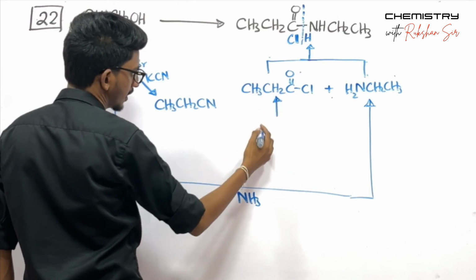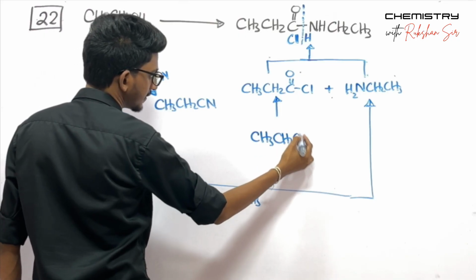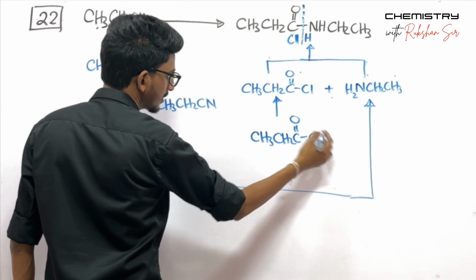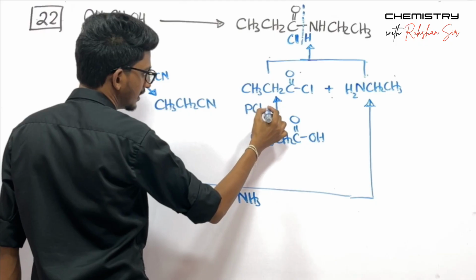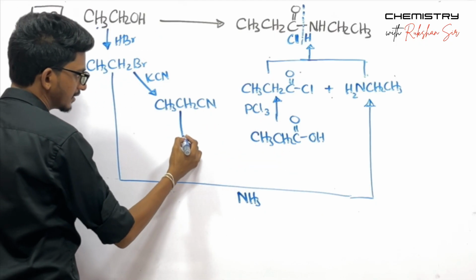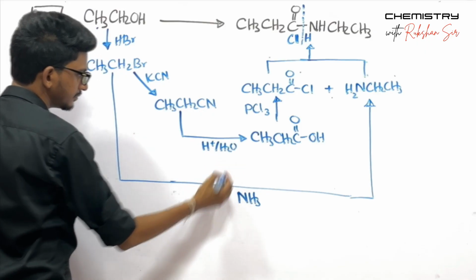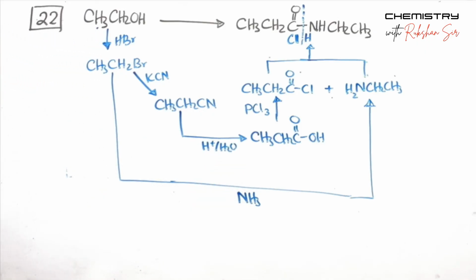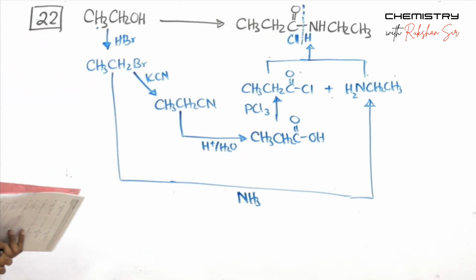So acid chlorides are made from carboxylic acids, right? So you need to prepare the carboxylic acid first before coming to the acid chloride. PCl5 or PCl3 will do so. That can be formed from your cyanide by adding H plus and H2O. Alright, very easy stuff, right? That is the conversion number 22.